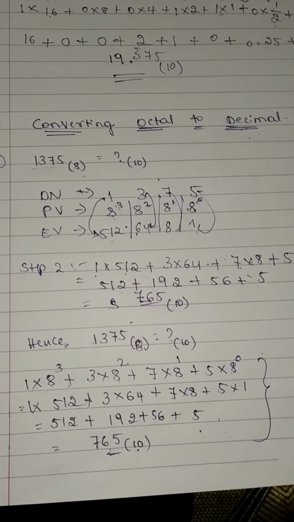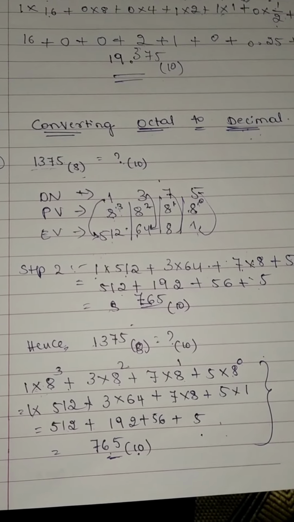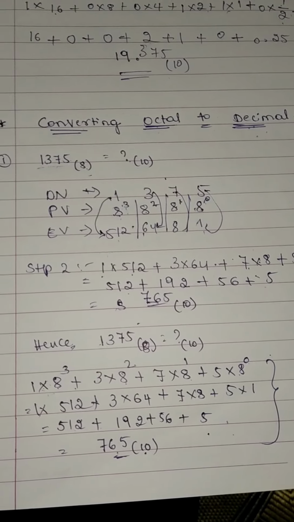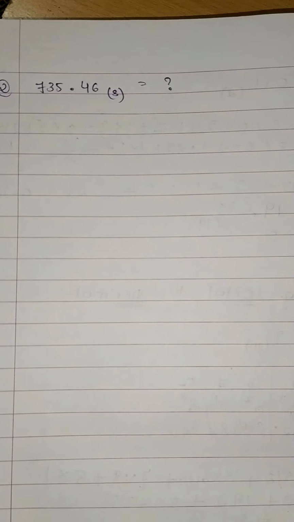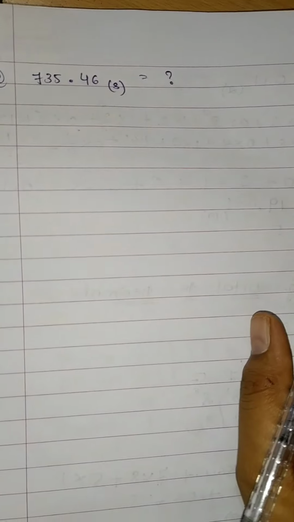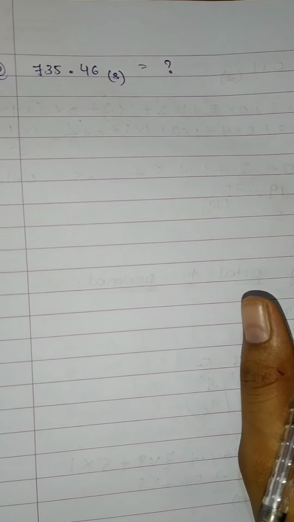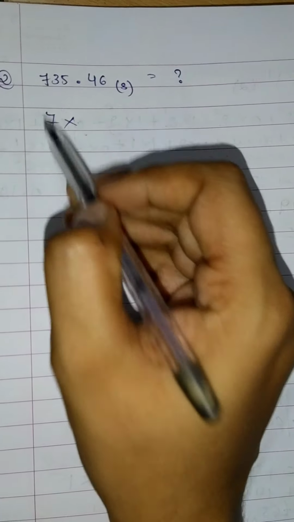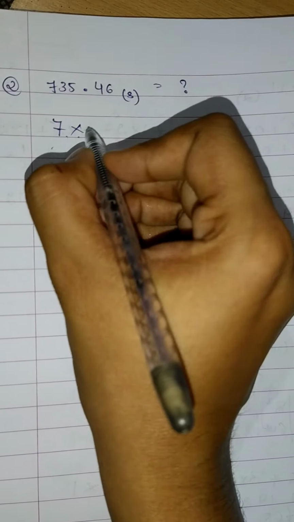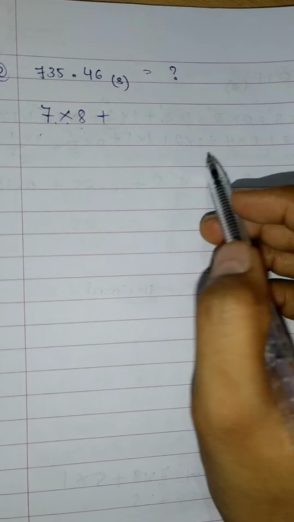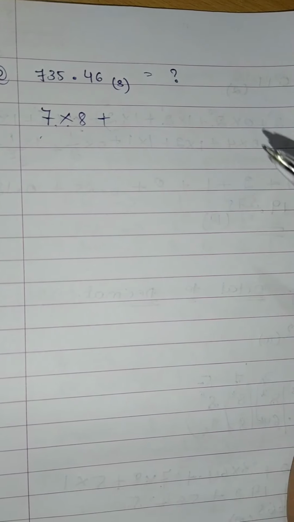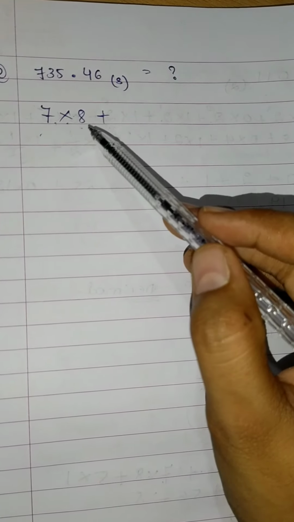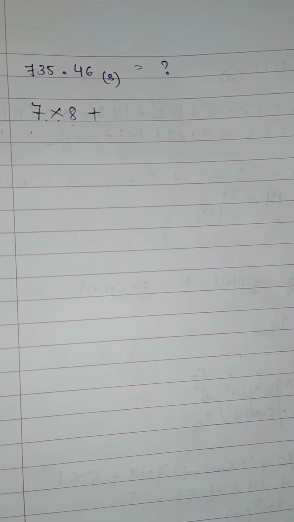Now we'll see how to convert a given octal fraction to decimal. This is another example of conversion of octal to decimal. In the first step we take the given digit and multiply by 8, because the base or radix of octal is 8.